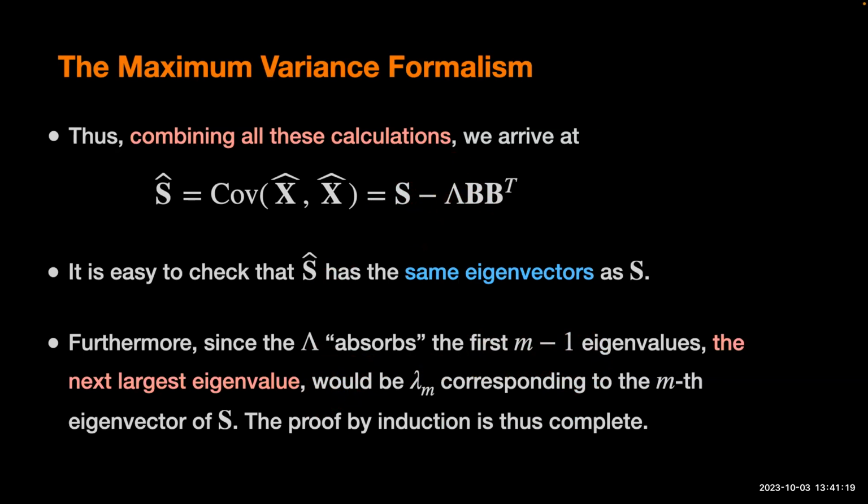In fact, those have the eigenvalue of 0. So what is the largest one next? Which is m, right? You have exhausted all the m-1. So the direction that optimizes the variance of X hat is the mth eigenvector of the original S, because the other m-1 have an eigenvalue of 0.